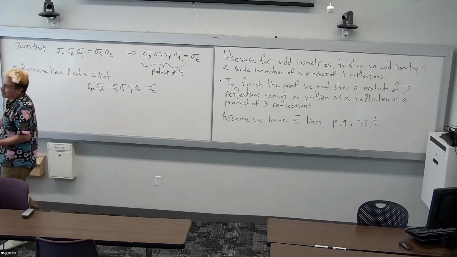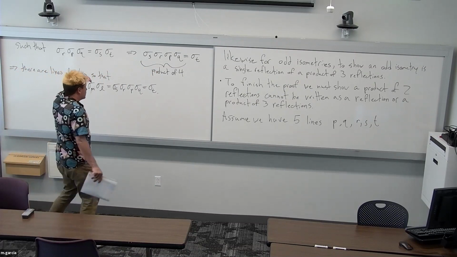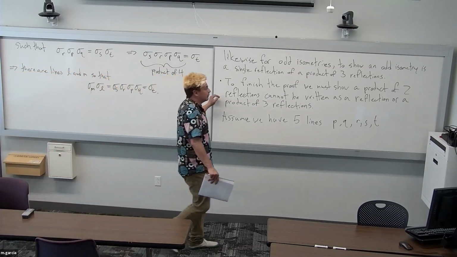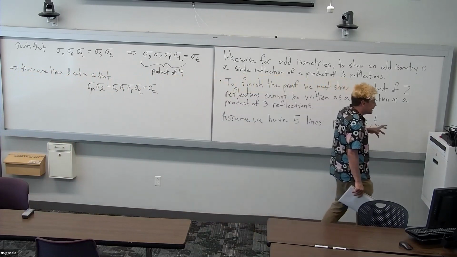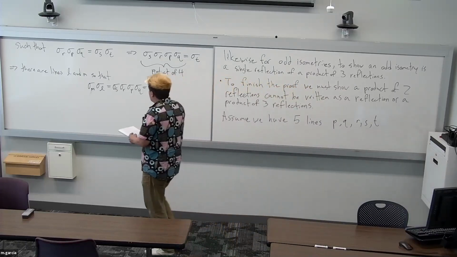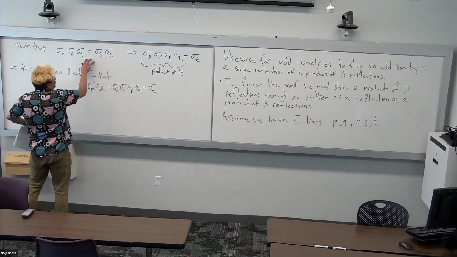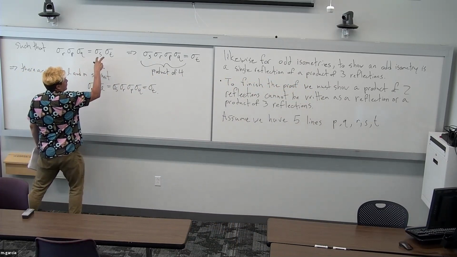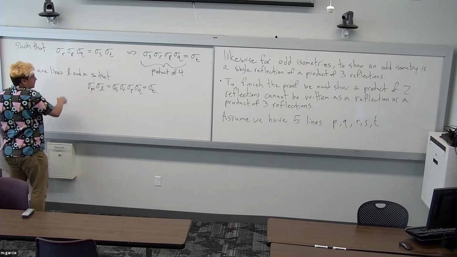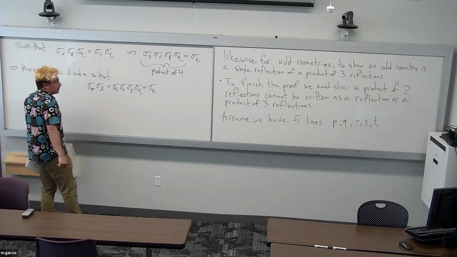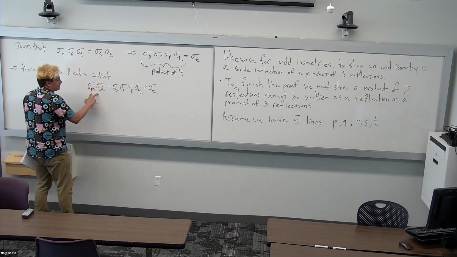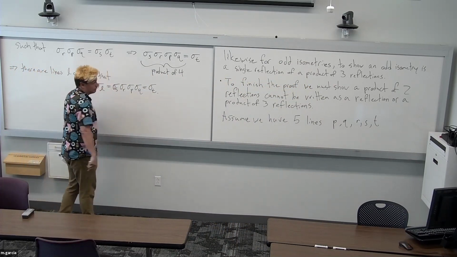So I should make a note here. Where we started is one of the two cases that we need to verify can't happen, right? So now, starting with the case of trying to express the product of two reflections as the product of three reflections, we now get to a place where we have to address the case of expressing the product of two reflections as one reflection.